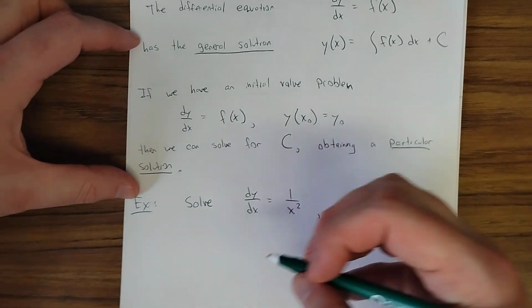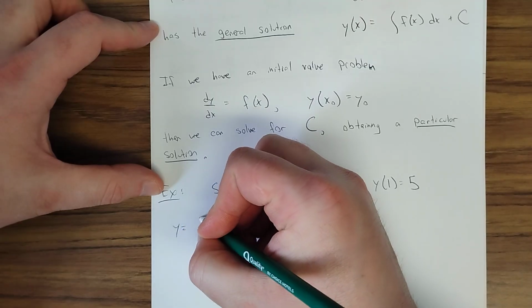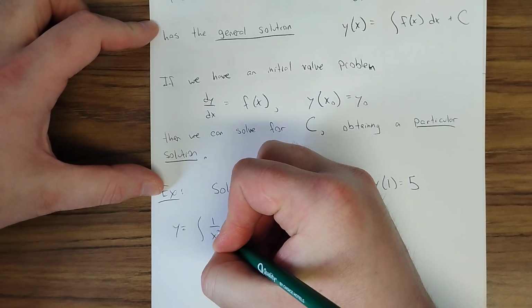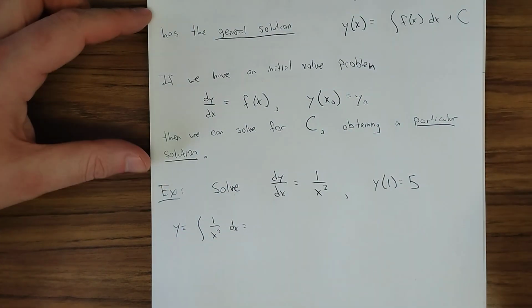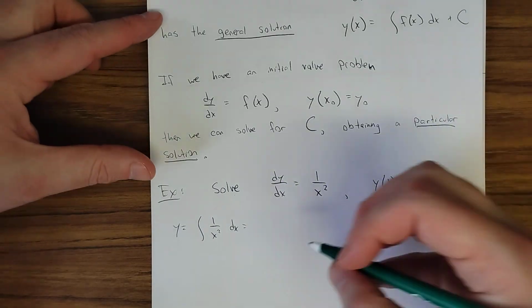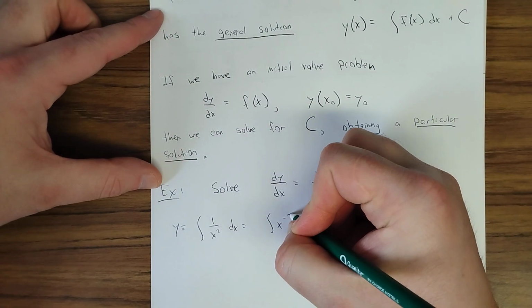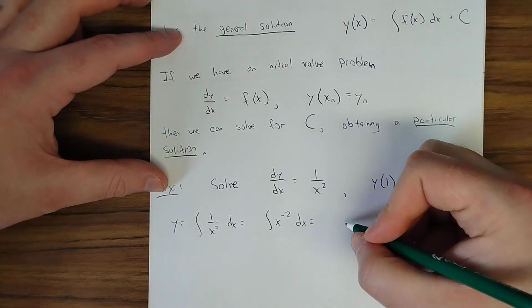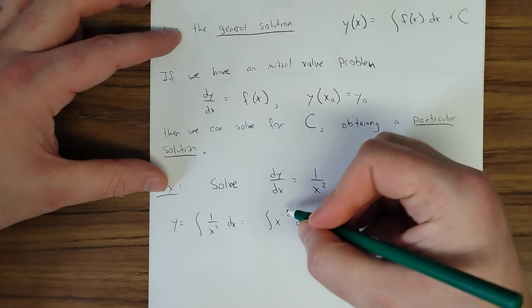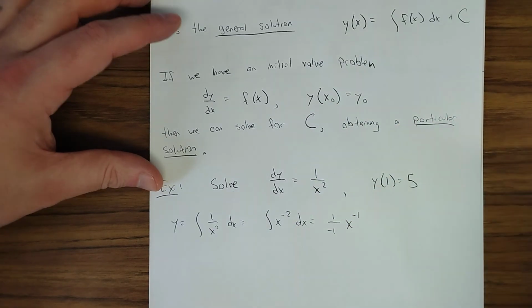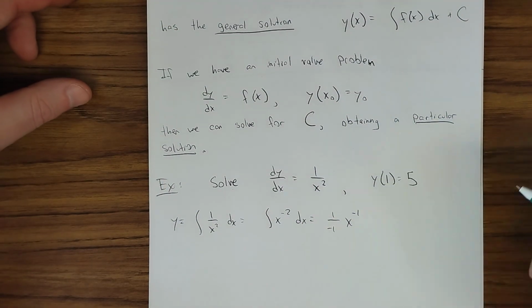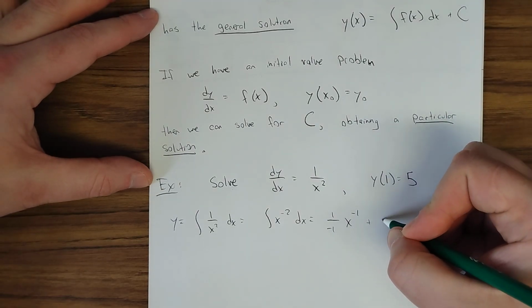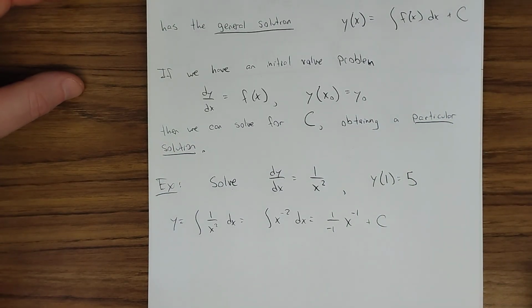So let's do the antiderivative. The way to do this is to call this x to the minus 2, and then we use the normal rule. I increase the power by 1, and then I divide by that same number, the new power, and at this point I should put plus c.